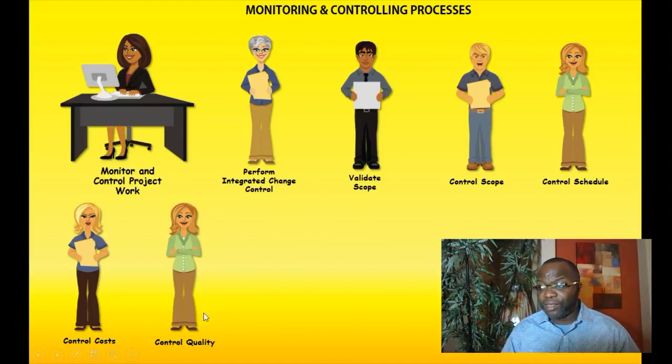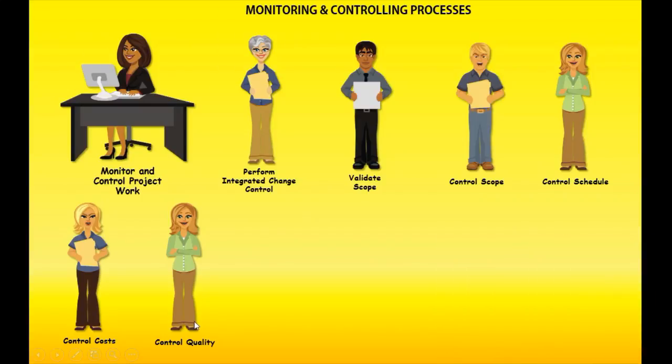Now let me explain. In control quality, this is where you and your team, before the customer gets the chance to, check the deliverable. This is where your team is checking the final product, service, or result to make sure that it conforms to requirements, to make sure that it's fit for use.